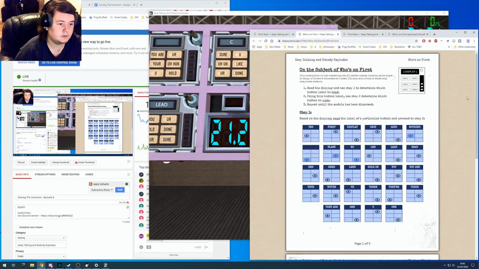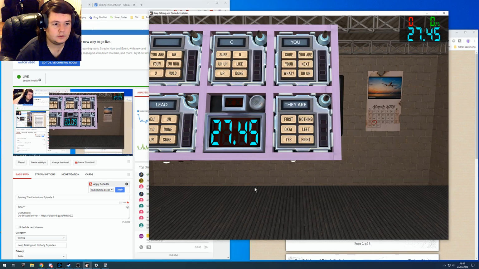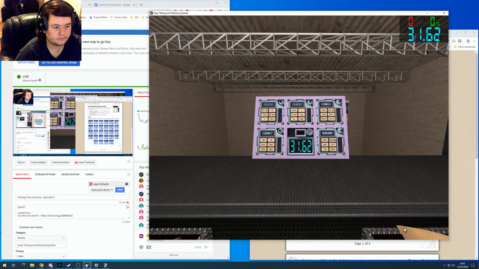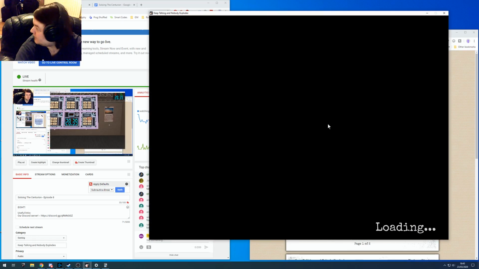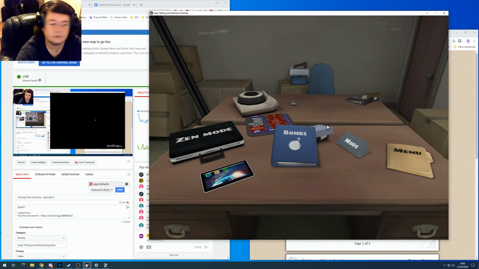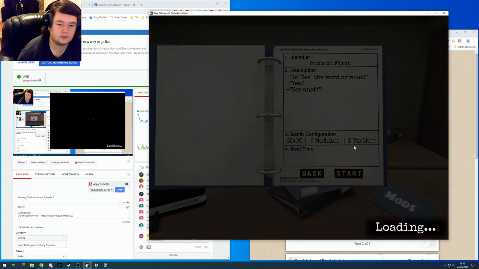C is top right, U is middle right, lead is bottom right, they are is middle left. Okay, let's try that again.